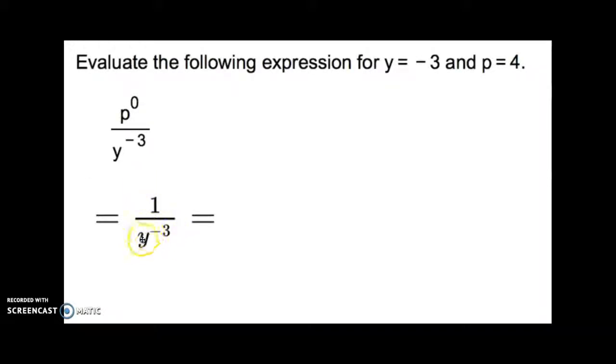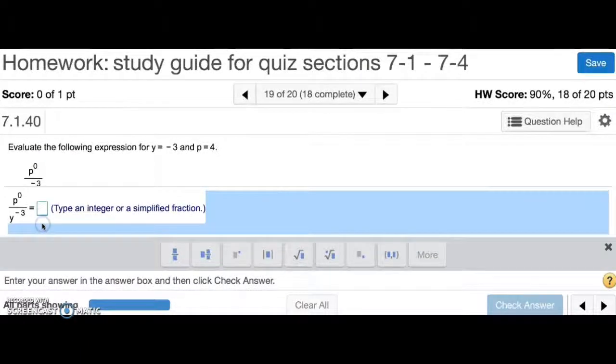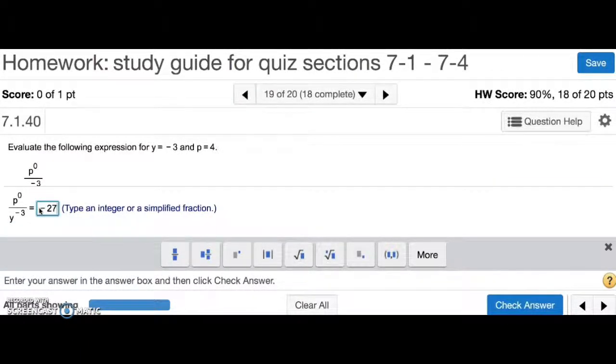I have a negative exponent at the bottom, so just move it up top and make it positive, so y to the positive 3. Now all I'm going to do is substitute in negative 3 for y. Notice how I'm putting negative 3 in parentheses because the entire thing is being raised to the 3rd power. Remember, that's a difference. So negative 3 in parentheses to the 3rd power is negative 27. So my answer is going to be negative 27.